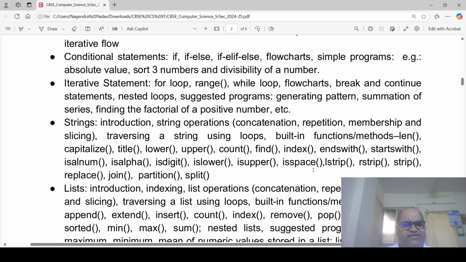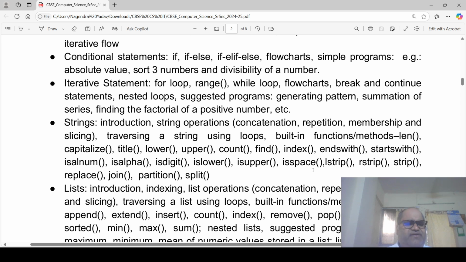Then it will introduce loops, range, variations of loops that could be while, for, break and continue statements, right? Then nesting of loops, pattern generation. So more like how you can generate, say, an increasing star pattern or some other variations around that.